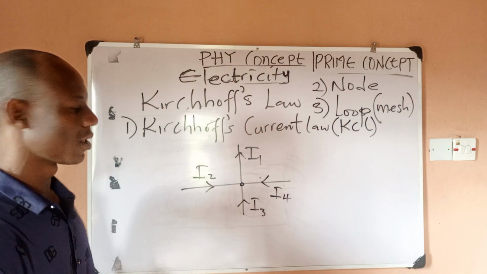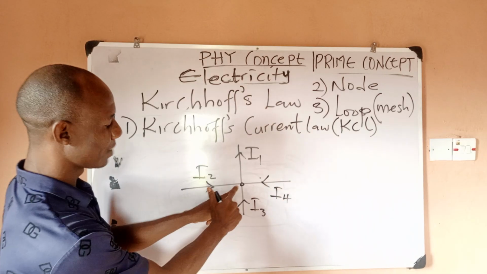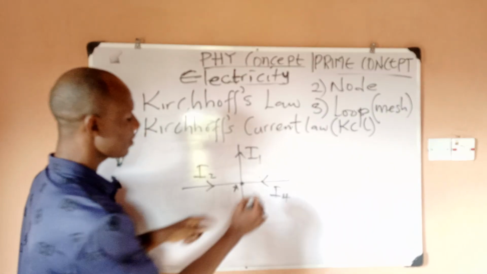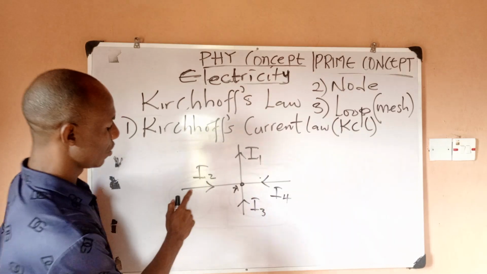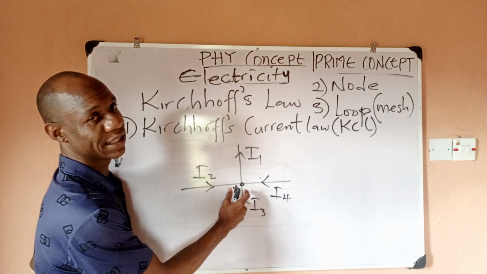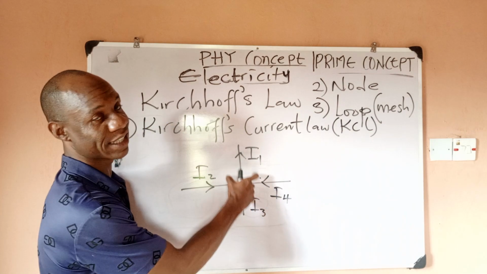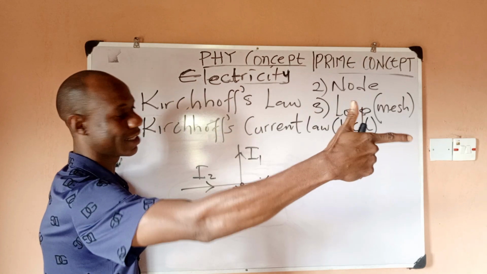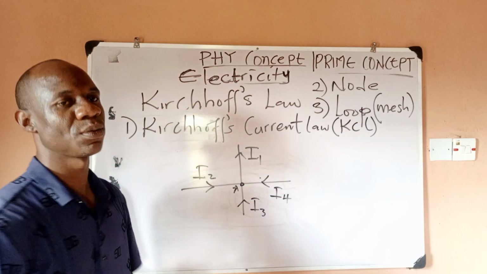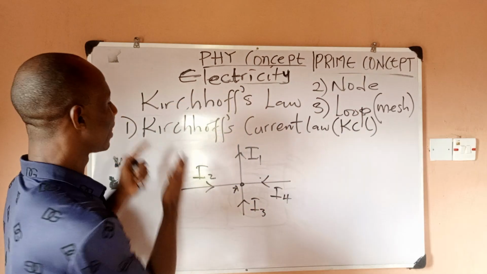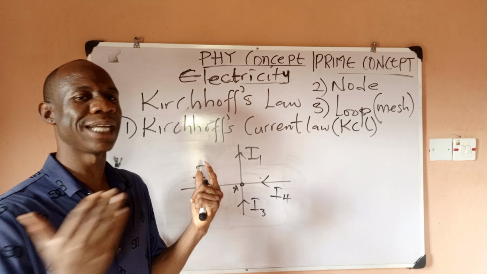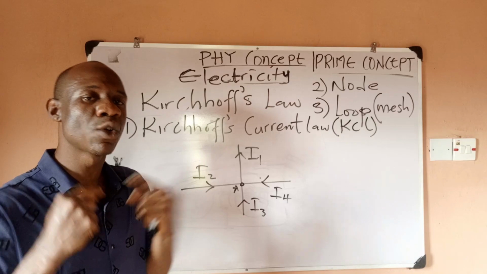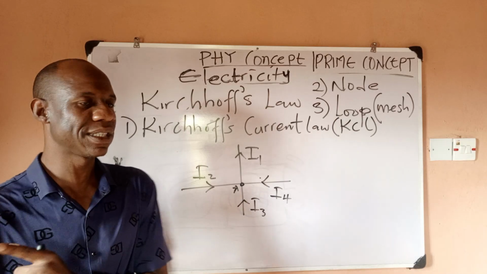Obviously, you would agree with me that this point A qualifies to be called a junction because you have 4 wires meeting here. Remember, a junction is a point in a circuit where 3 or more wires meet. Now, Kirchhoff's current law says that the net sum of current entering a junction should equal the net sum of current leaving the same junction.